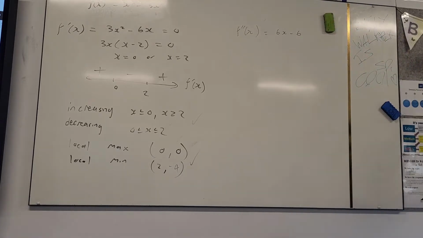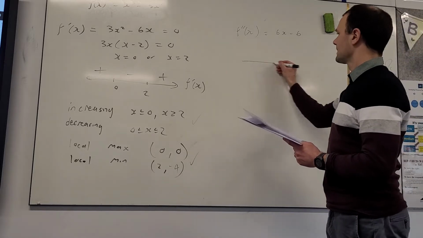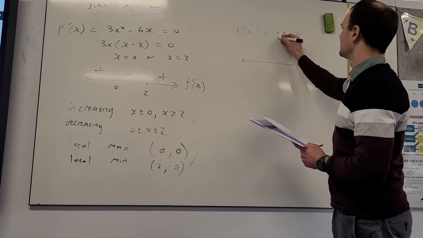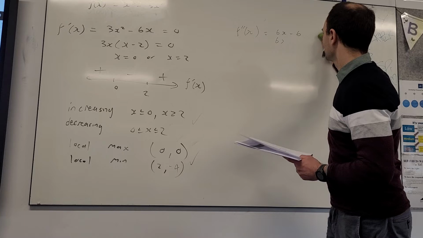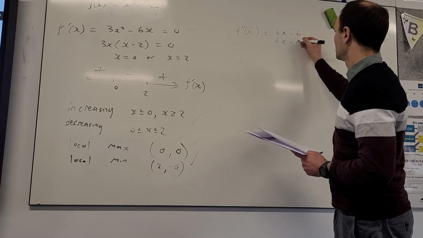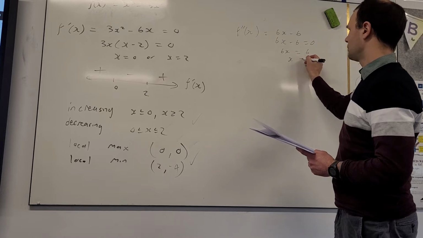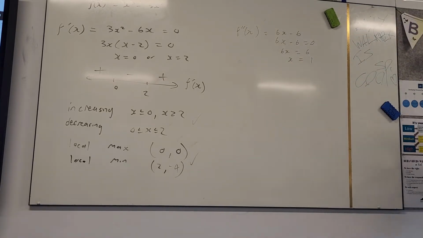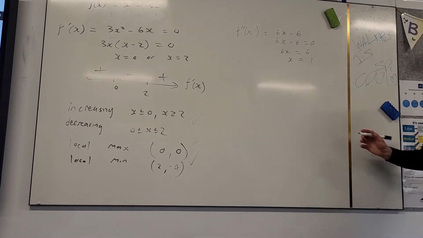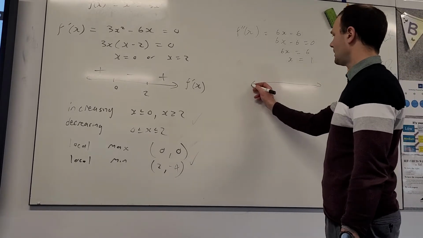This is the equation of a line. We're interested in its root, so we can jump straight to the sign. Let's do it. Sorry, don't want to go too fast. So we get 6x is 6, and we'll get x is 1. Okay, so we rearrange to find the solution that makes the line equal to 0. So that means its root is at positive 1.